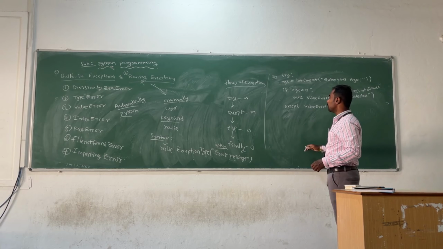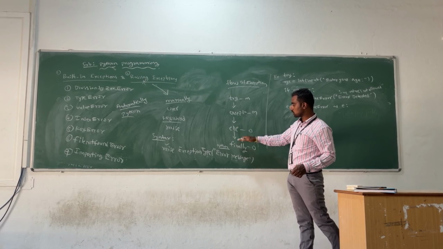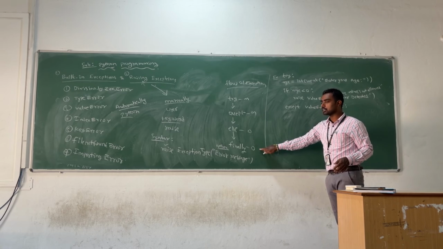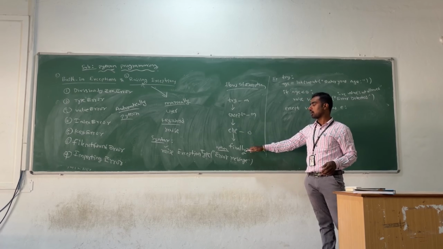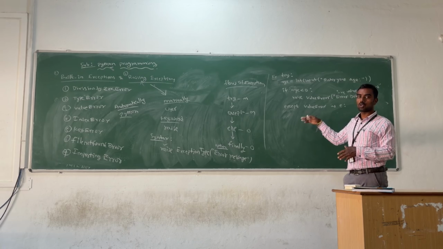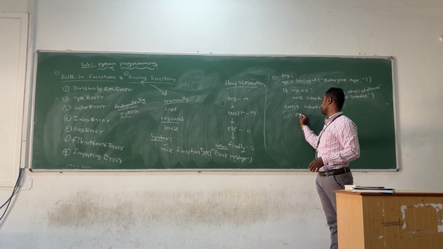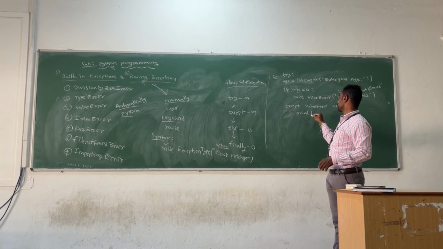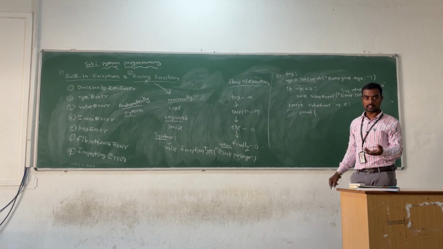The further blocks may or may not exist. Else or finally are optional blocks. If you have further code, we can use it in an else block or finally block. Simply I want to close here itself, just by using a print statement, to know whether this error is accepted or not.